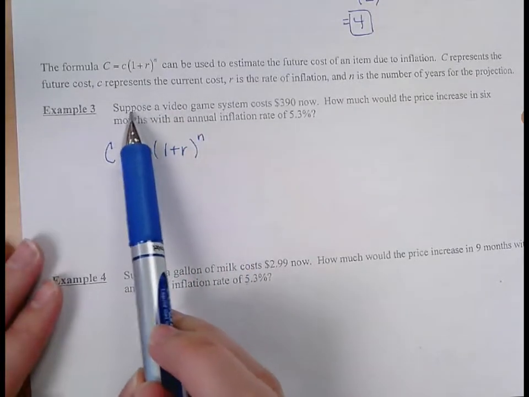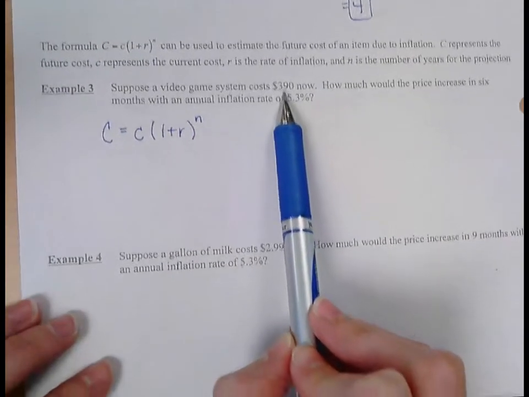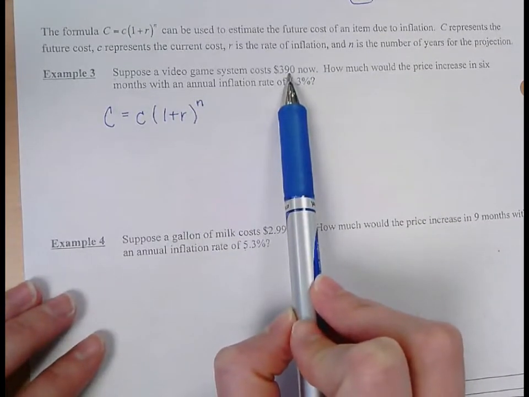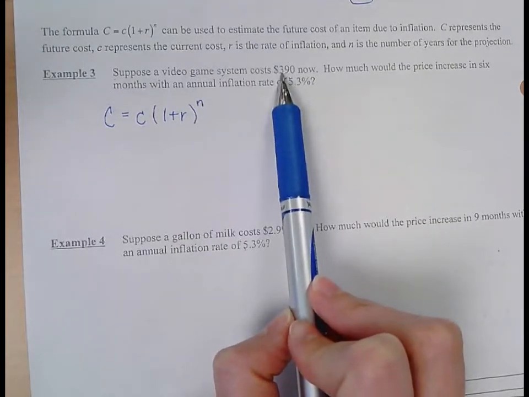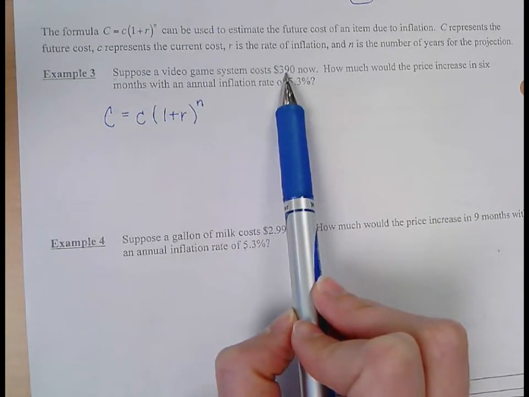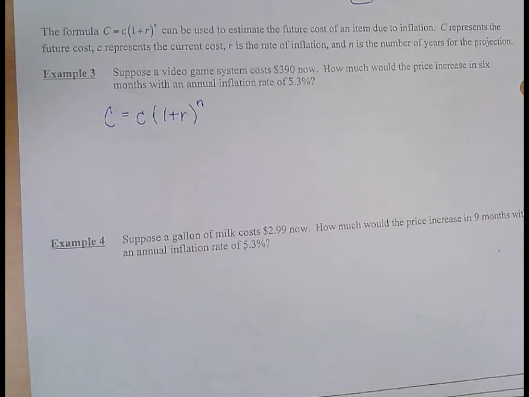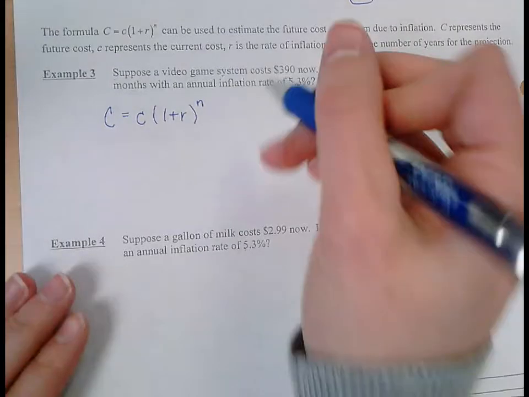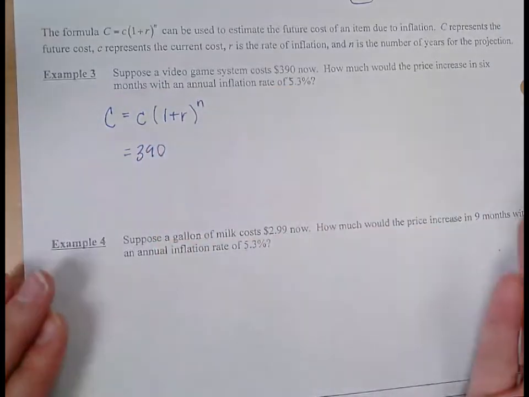Where would you substitute the 390 in? For which variable? What variable would 390 be? The lowercase c. So I'm going to have 390 in for lowercase c.